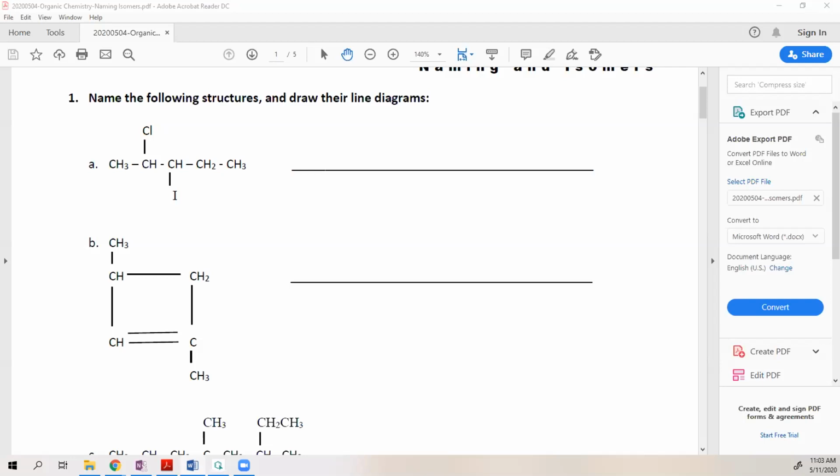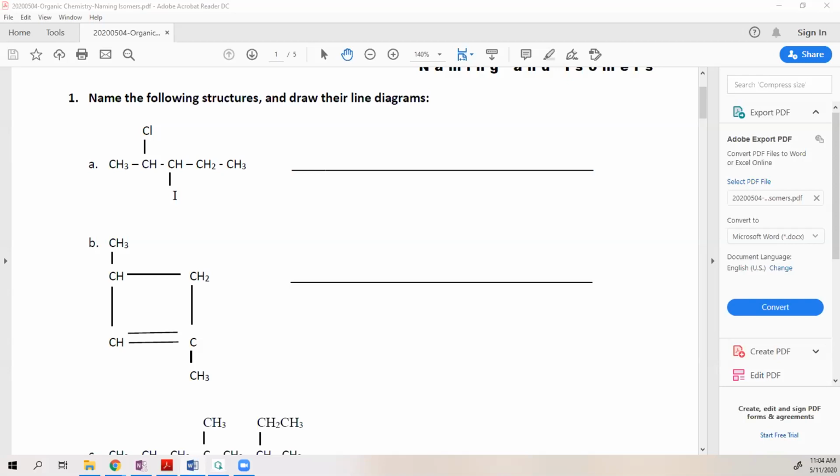All right, so we got one answer in. We got 2-chloro-3-iodopentane. I entered that there. So we're going to wait and see if anyone else verifies that.